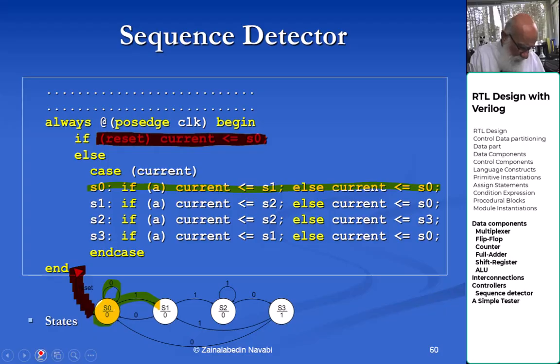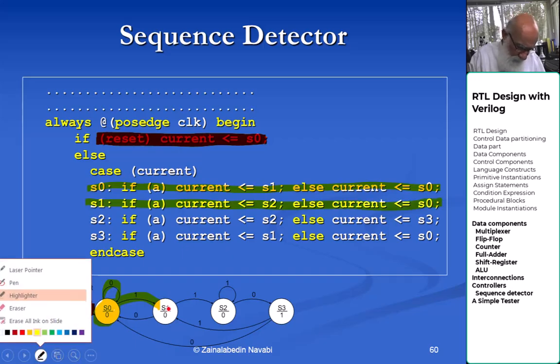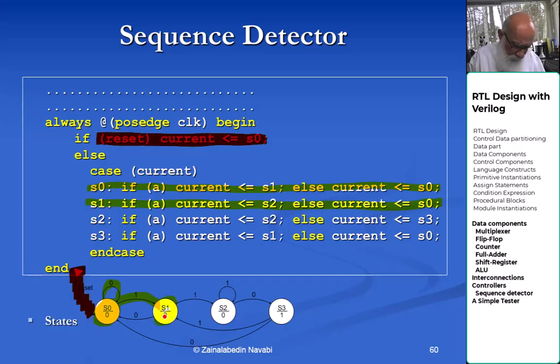So let's do this now. If A is 1, you go to S2. If A is 0, you go to S0.